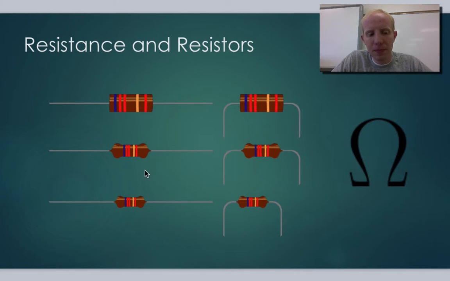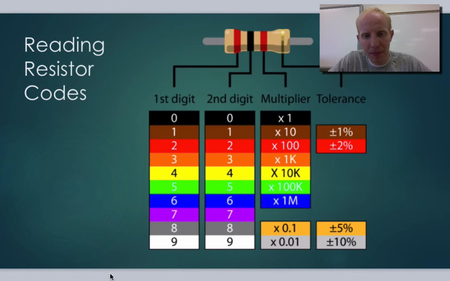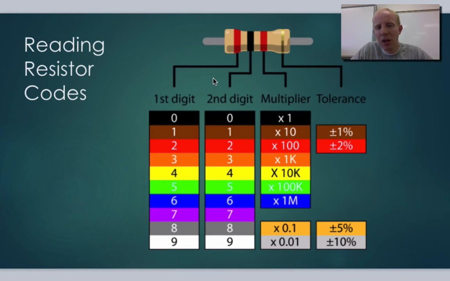All right, so let's go into how we actually read what a resistor value is. It comes from this table right here. They're given four bands on the resistor, 4 little bands of different colors, and those colors range from everything from black all the way down to white. So brown, red, orange, yellow, green, blue, purple, gray, and white all have different meanings on the resistor.